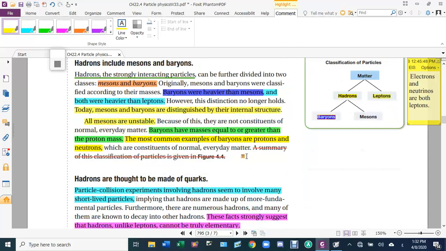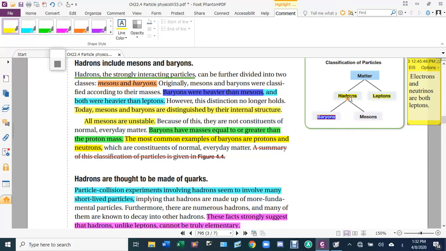Now, hadrons include mesons and baryons. If we look here, hadrons include mesons and baryons. Hadrons, the strongly interacting particles.